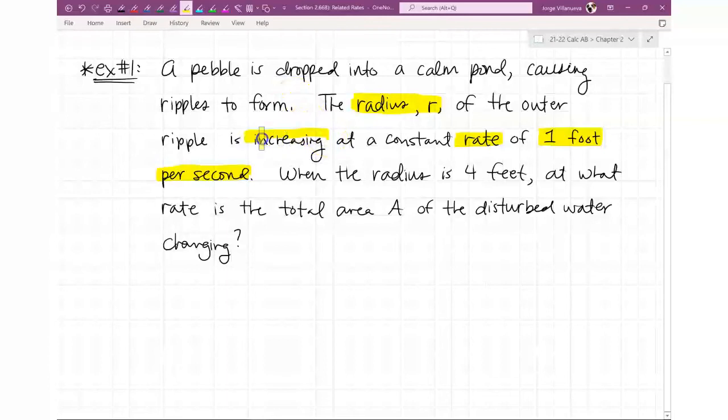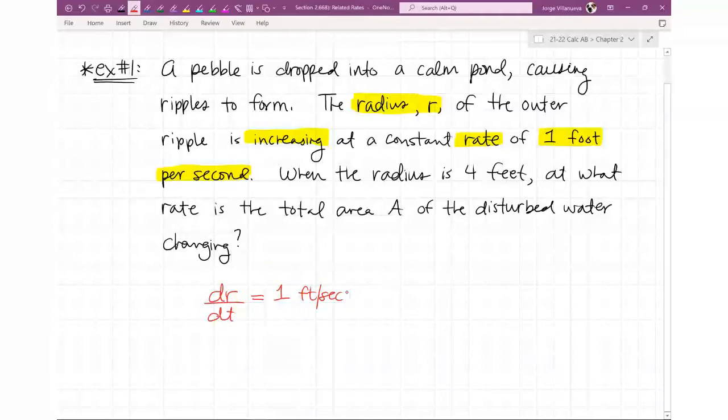Now, the fact that they said it's increasing means that the value is going to be positive. Notice that the derivative of r with respect to time is dr/dt. So they're saying the rate at which the radius is increasing is 1 foot per second.